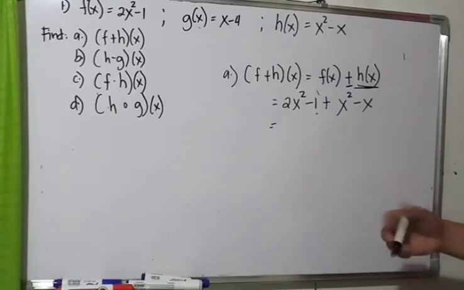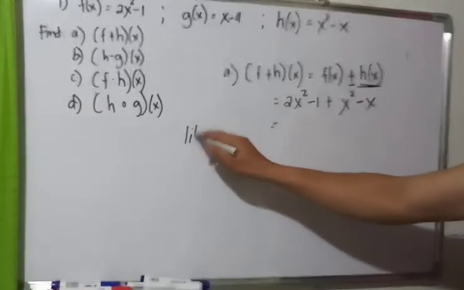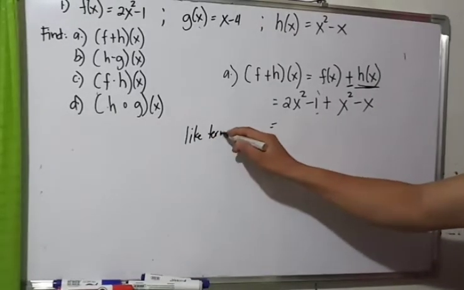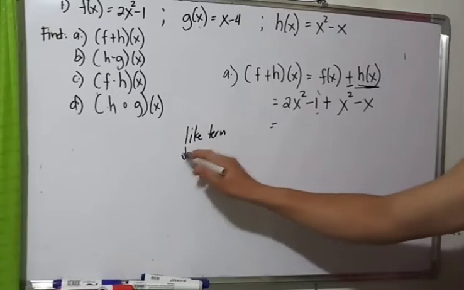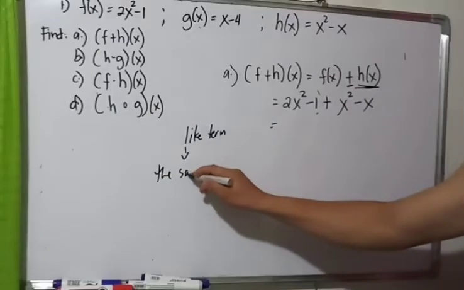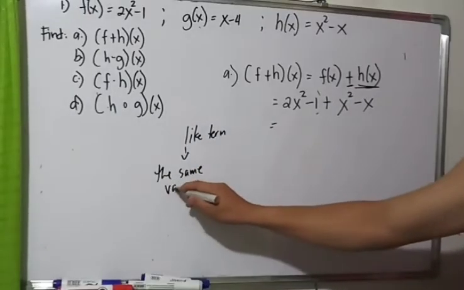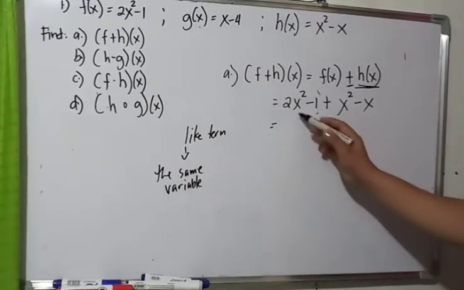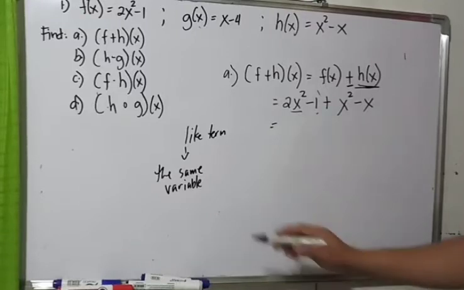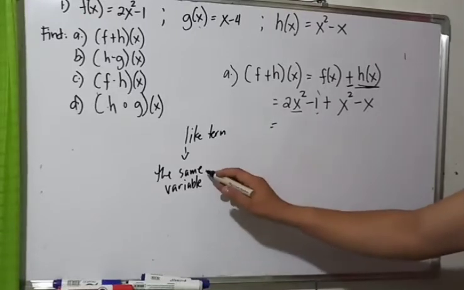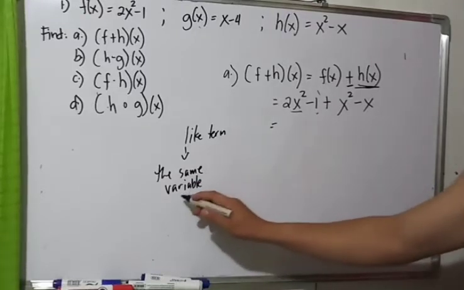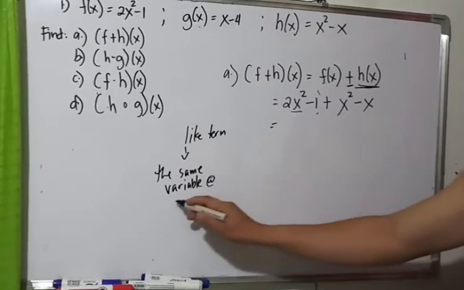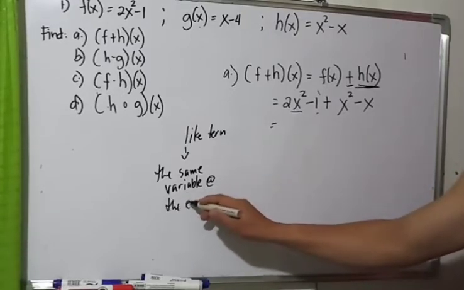Like terms, when we say like terms, the same variable. Ano ba yung variable, sir? Okay, ang variable that is ito, yung x. So that is variable, the same variable and the same exponent.